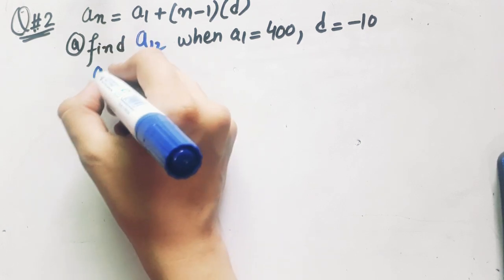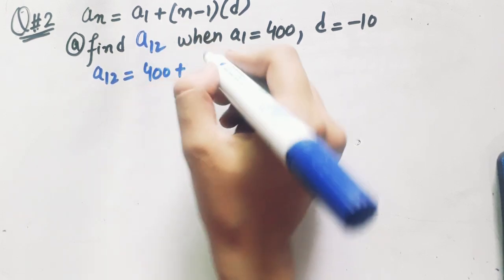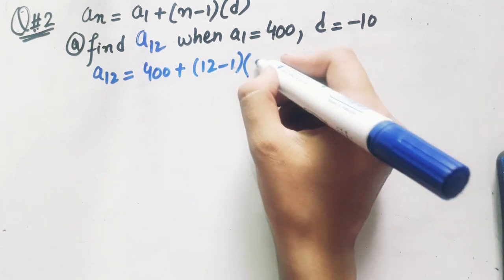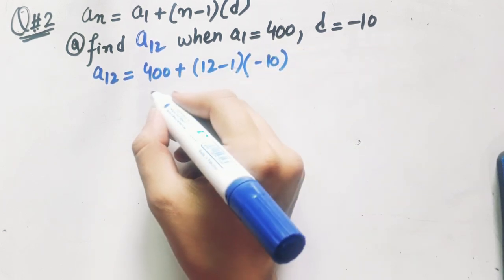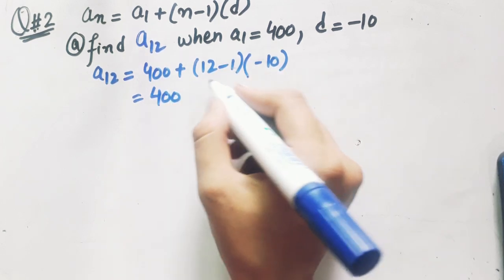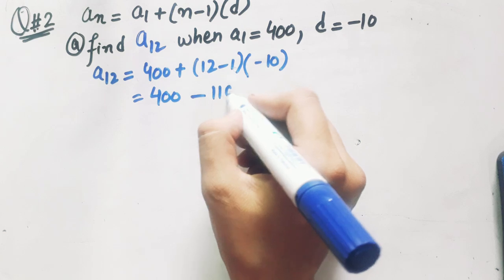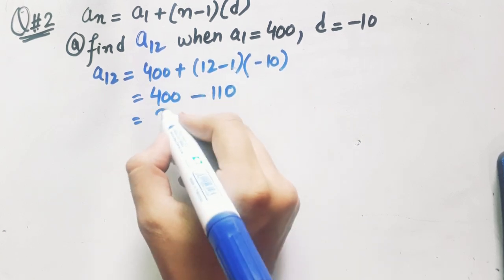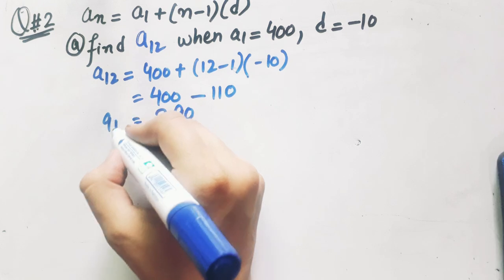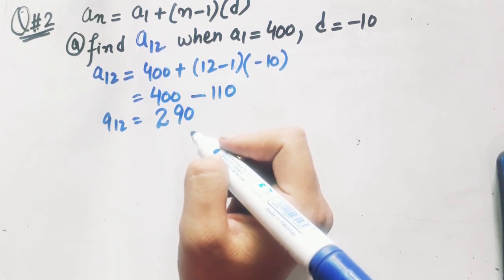So a12 is equal to a1 is 400 plus n minus 1, 12 minus 1, and difference is minus 10. So this will be equal to 400, 12 minus 1 is 11, 11 into 10 is 110. So this is equal to 290. So it means the value of a12 is 290.